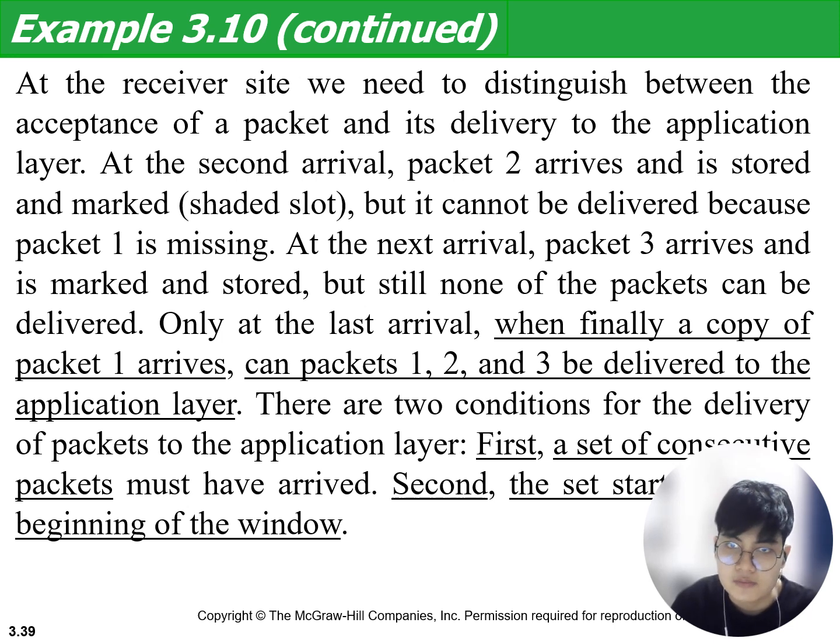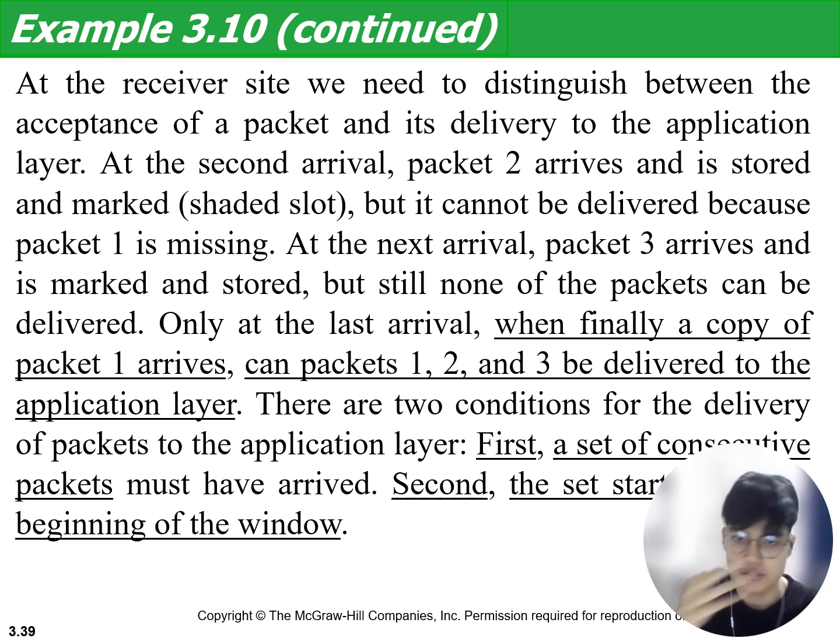At the next arrival, packet 3 arrives and is marked and stored, but still not all of the packets can be delivered. Only at the last arrival, when finally a copy of packet 1 arrives, can packets 1, 2, and 3 be delivered to the application layer.